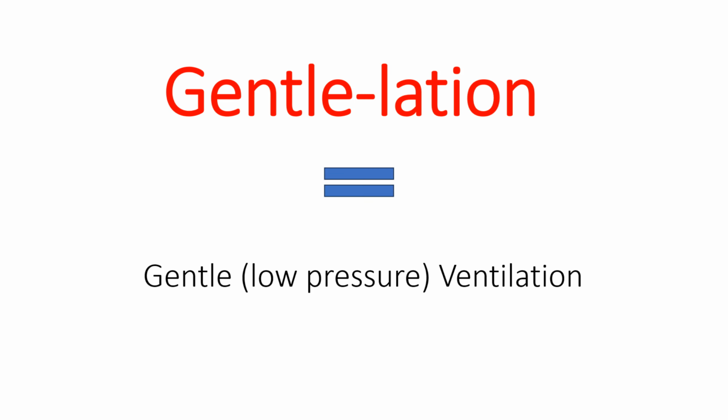It's a combination of gentle and ventilate, and we've got gentilate. So gentilation is low volume, low pressure mask ventilation aimed just at maintaining oxygenation. And the patients who will benefit from that are patients who are at risk of faster desaturation, and we'll discuss that soon. And then if my first attempt at intubation is unsuccessful, I want to gentilate between attempts to prevent desaturation.